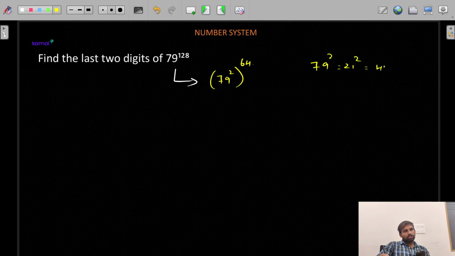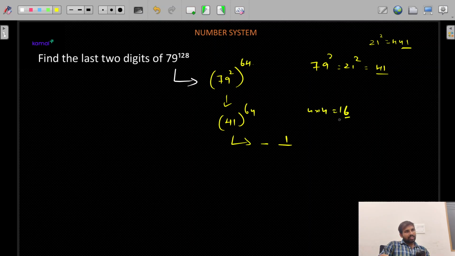So the last two digits of 21 square is nothing but 441, so my last two digits are 41. Eventually it will become 41 power 64. So I can find the last digit 1. 4 fours are 16, and I'm just taking the last digit of 16, which is 6. So the answer for this question is 61. So now this question is also done.